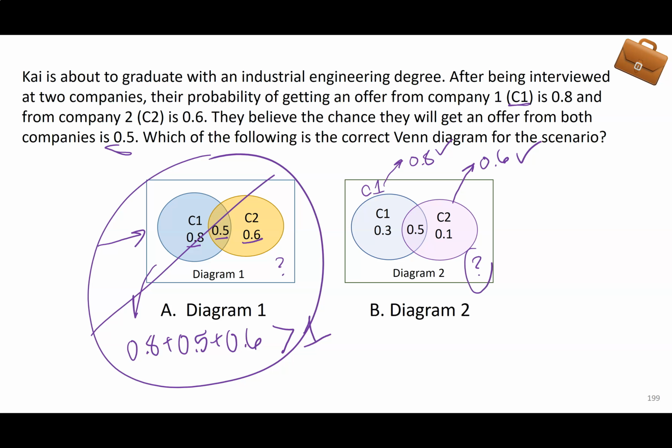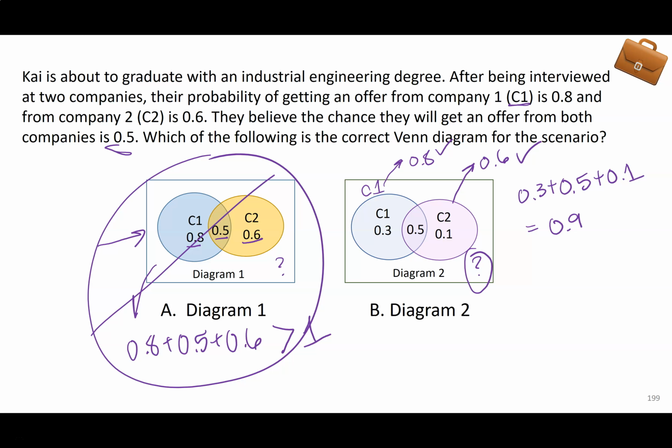And the thing that's missing here, so 0.3 plus 0.5 plus 0.1, and we are jumping ahead, it's going to ask us in a couple slides about this, we'll get 0.9. So there's a 90% probability that at least one of the companies is going to give them a job offer.